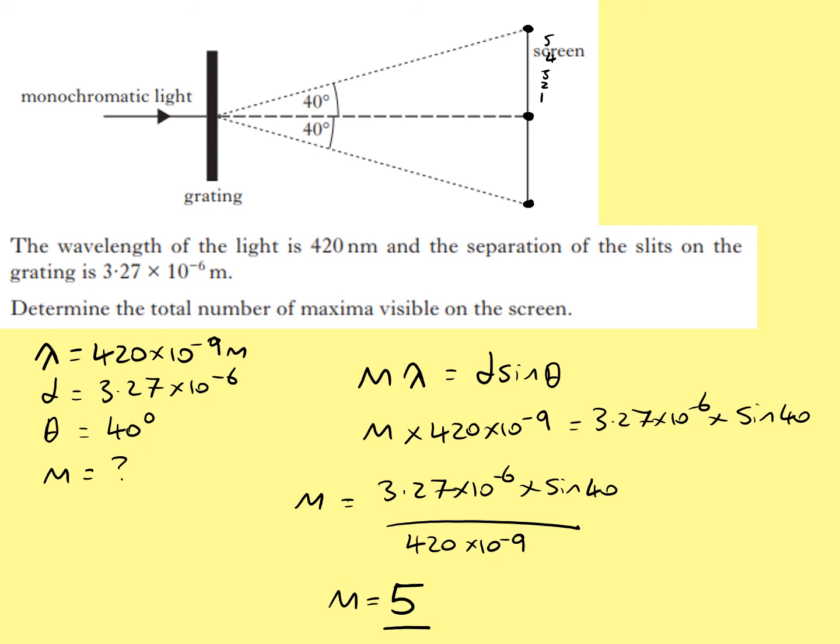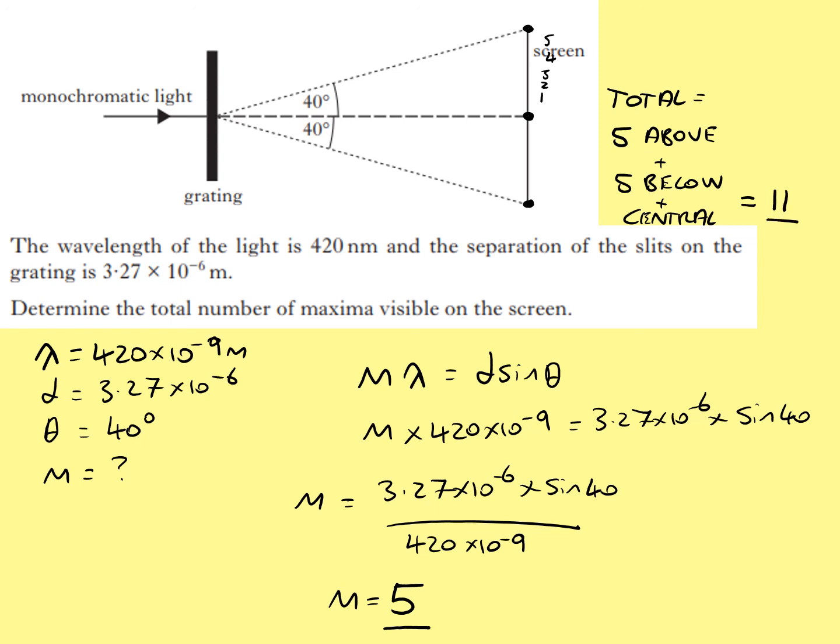So that means the total number of maxima is equal to 5 above 0 plus 5 below 0 plus the central equals 11.